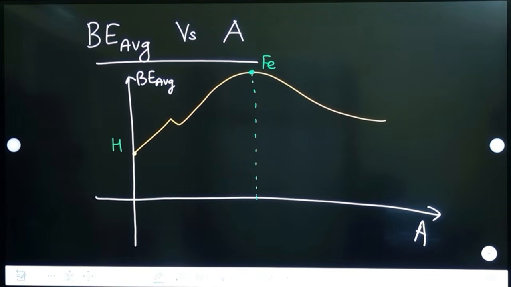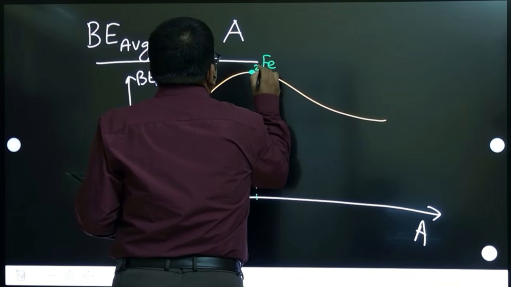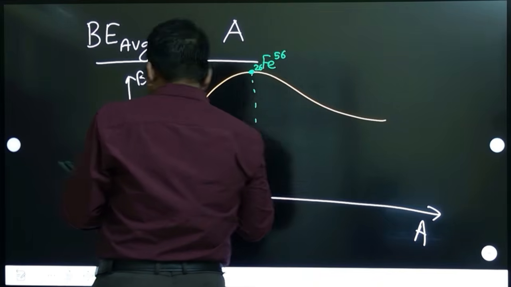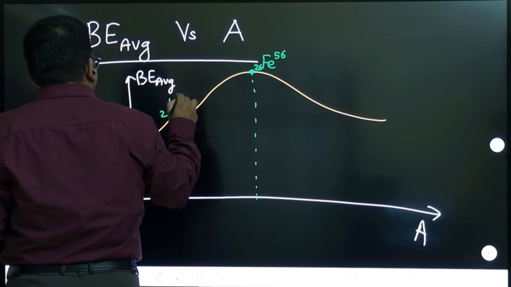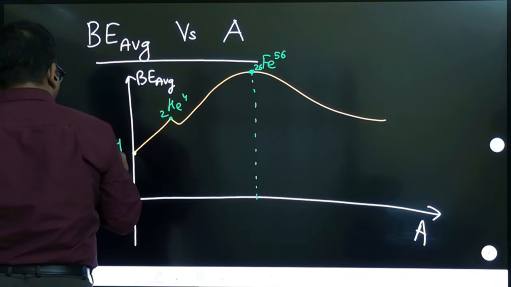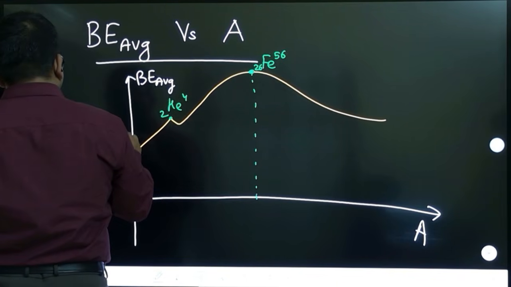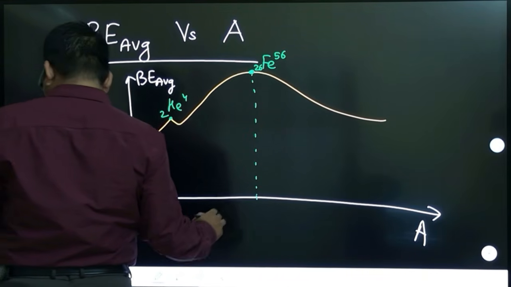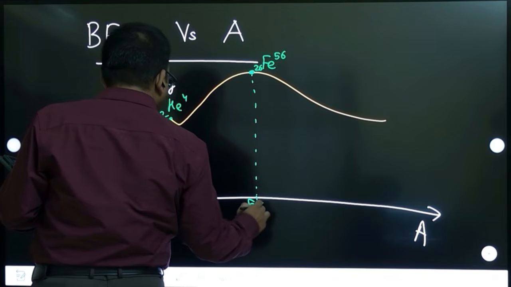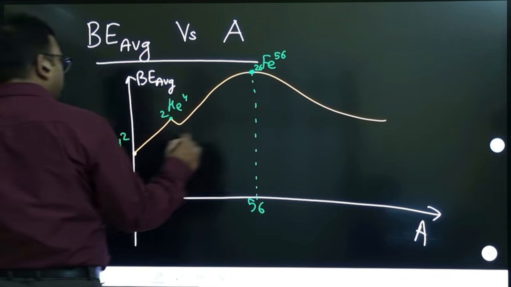You can refer to NCERT. This is iron 26-56, and here helium 2-4. This is hydrogen, or you can say deuteron. So we should know from this graph, of course this is 56 here.